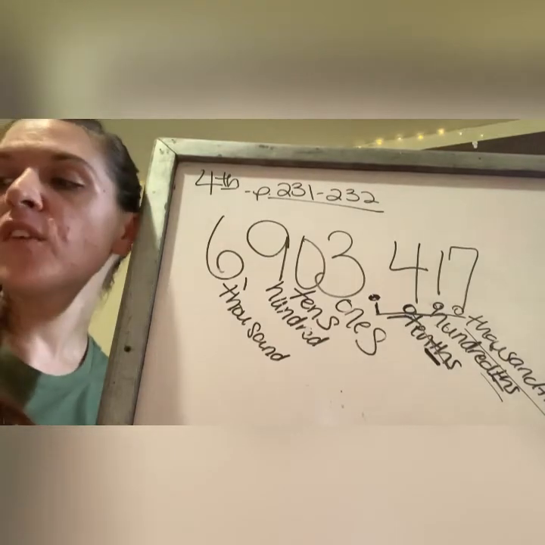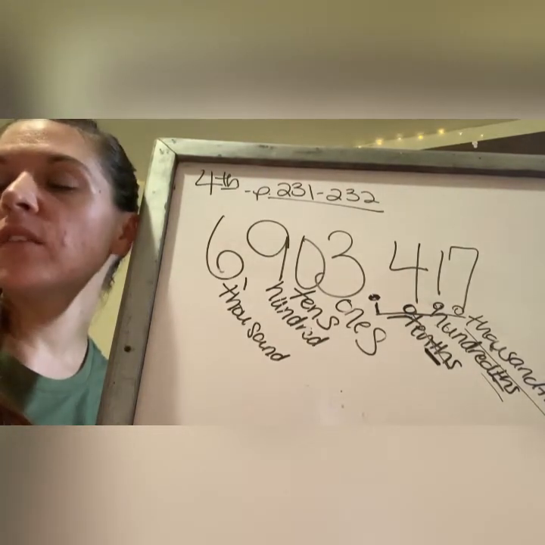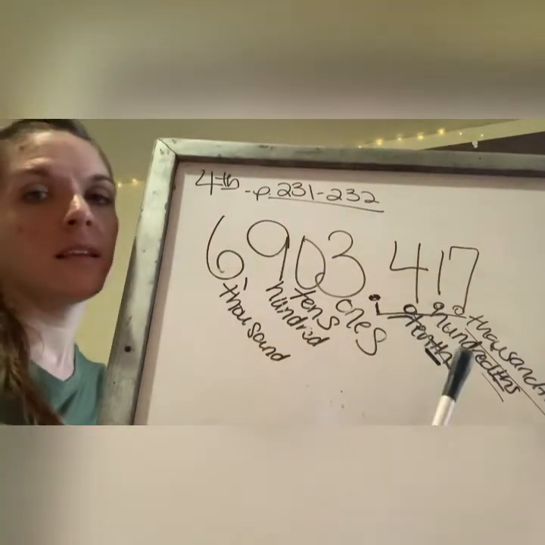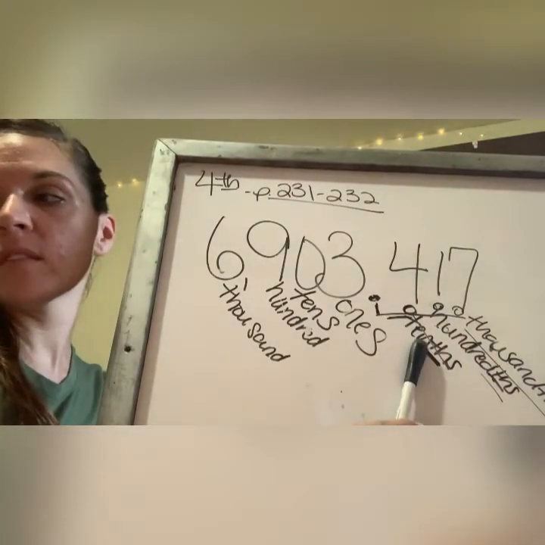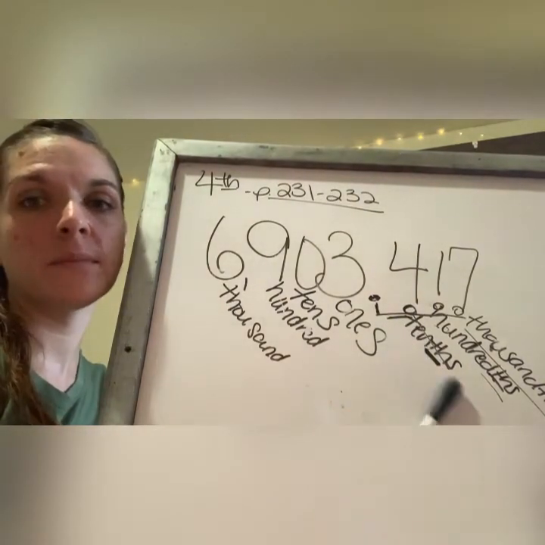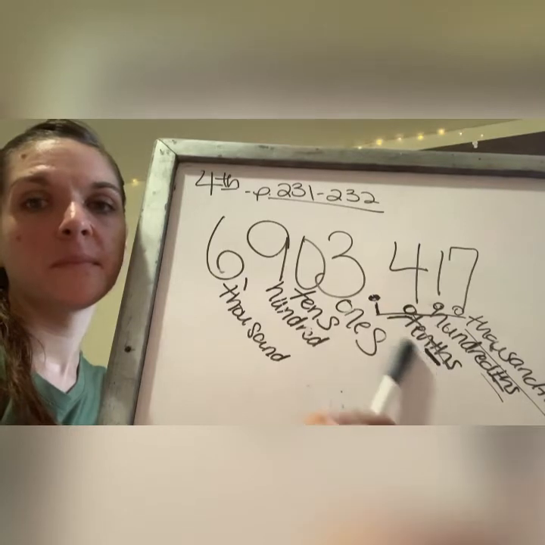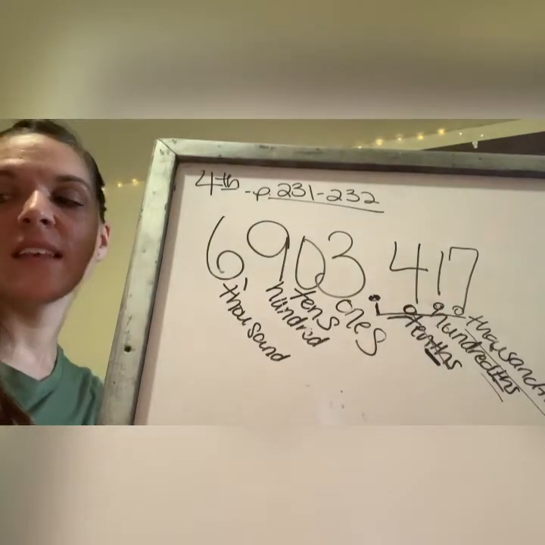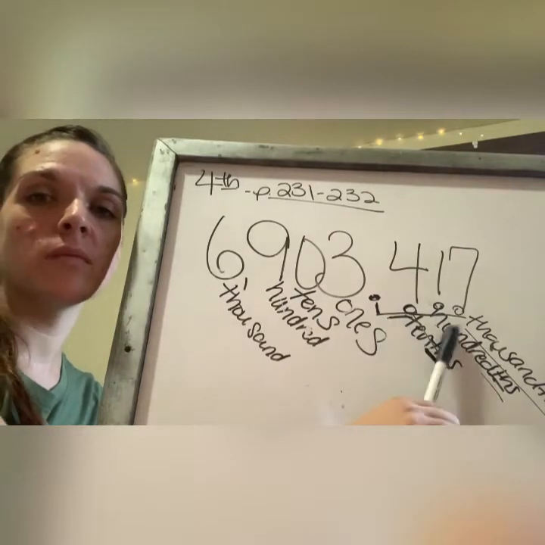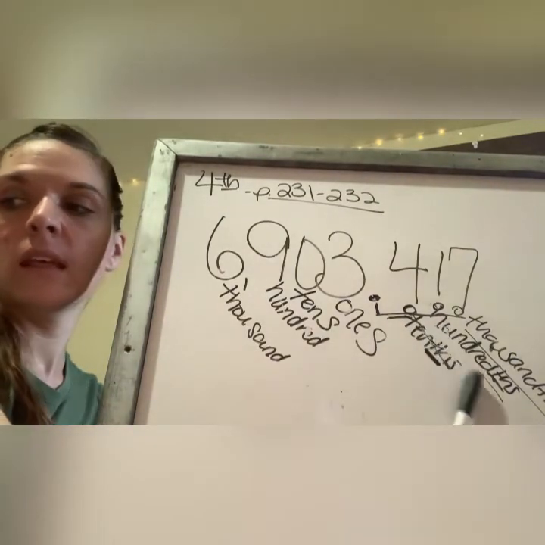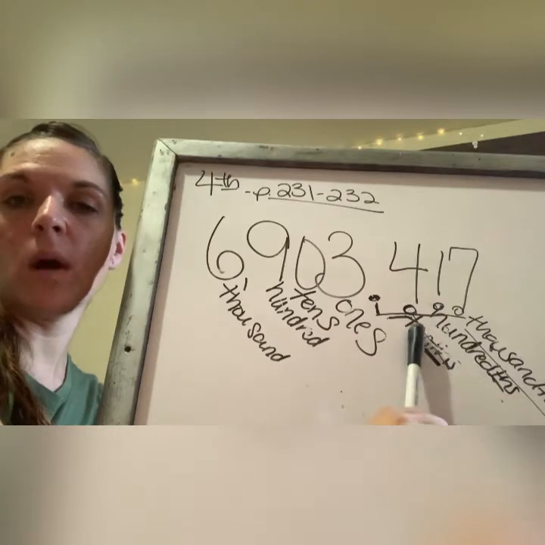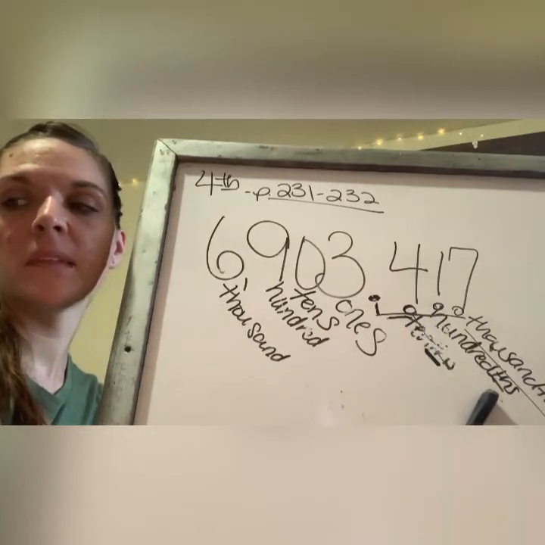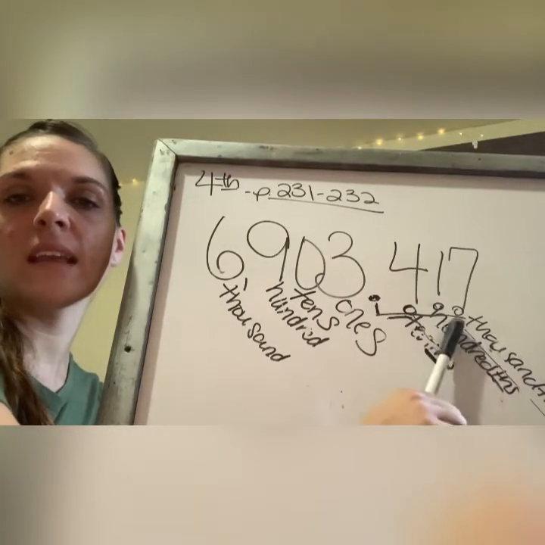Letter B. The first place to the right of the decimal point is called the what place? I'm showing you. Letter C. The second place to the right of the decimal place is the what place? And the third place to the right is the what place?